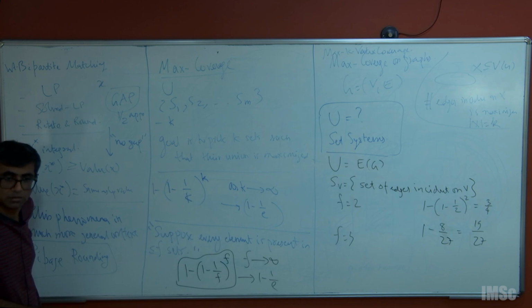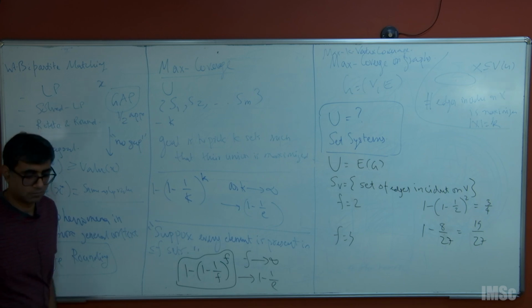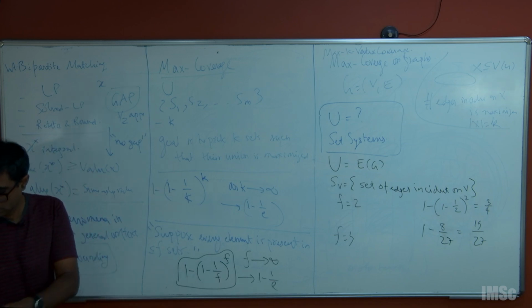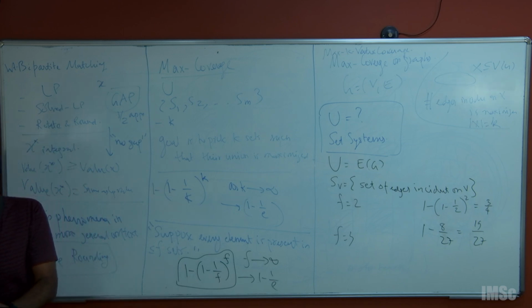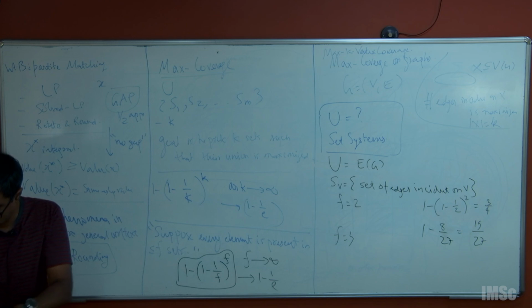An edge UV is present in SU as well as SV. Can it be present in SW, which is not an endpoint of the edge UV? Okay.